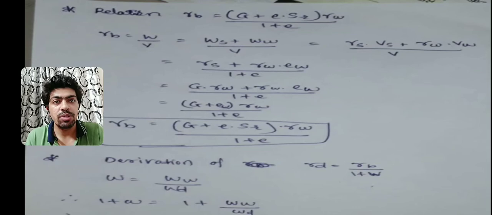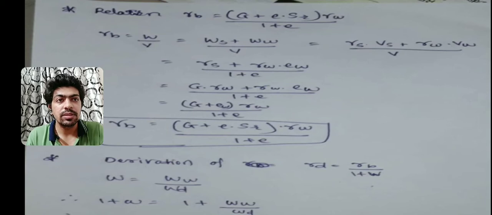So this equation becomes gamma S plus gamma W into Ew upon 1 plus e.